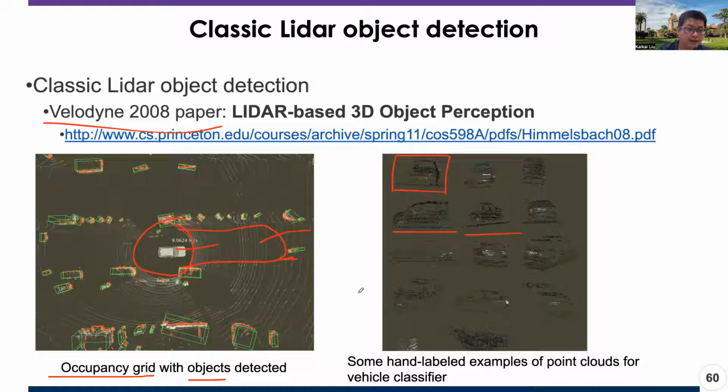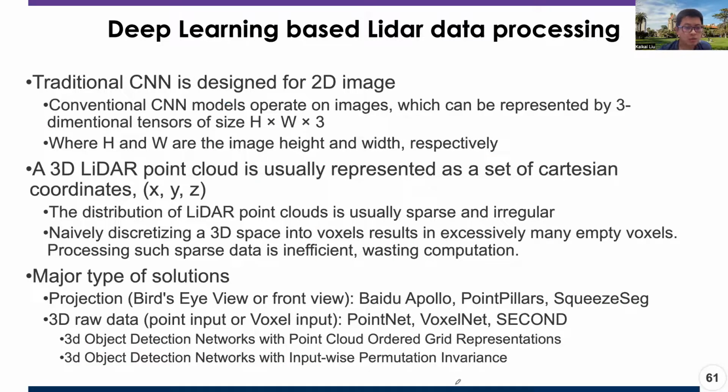The original LiDAR papers talk about hand-labeled examples, or using hand-picked features to do vehicle classification. So these are some of the traditional approaches. Since we really like CNNs, convolutional neural networks, because in images they really outperform many traditional computer vision algorithms, like at Tesla, everything becomes a neural network.